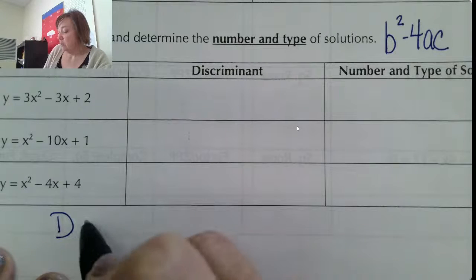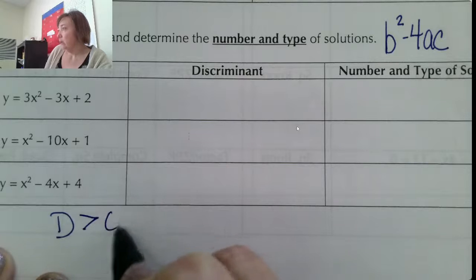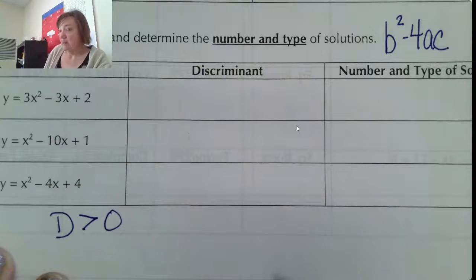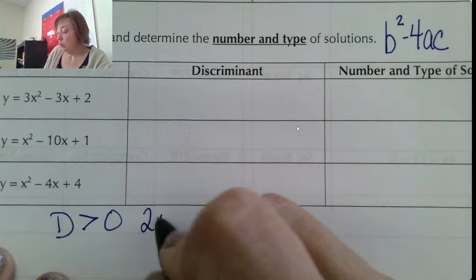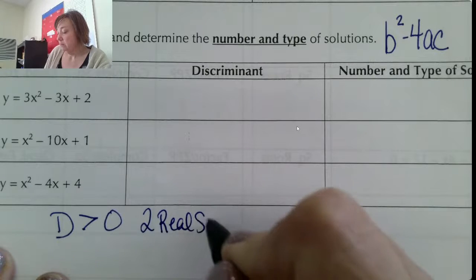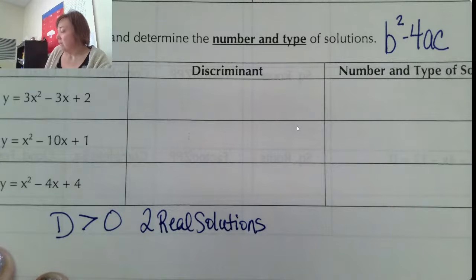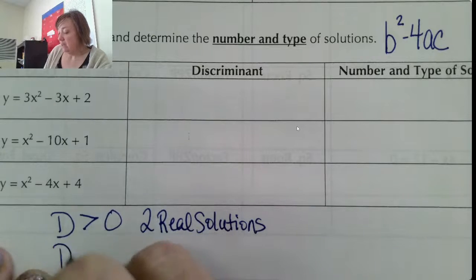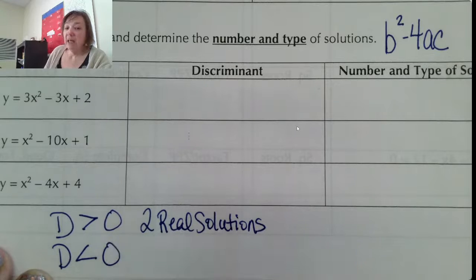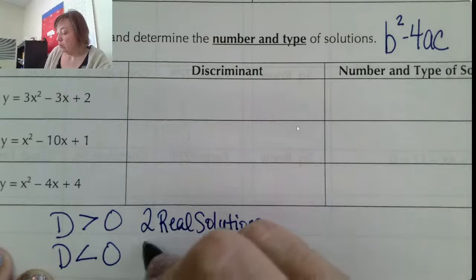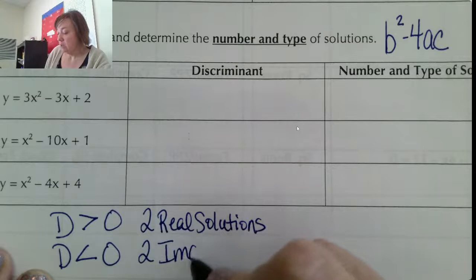If the discriminant is greater than 0, then that means it's a positive number. That means you're going to have 2 real solutions. Okay? If the discriminant is less than 0, that means it's a negative number. You're going to have 2 imaginary solutions, no real ones.